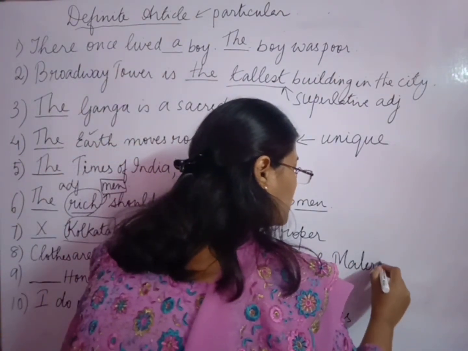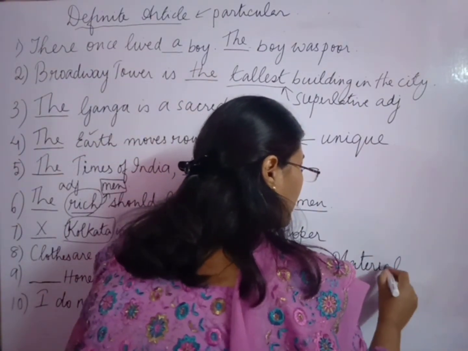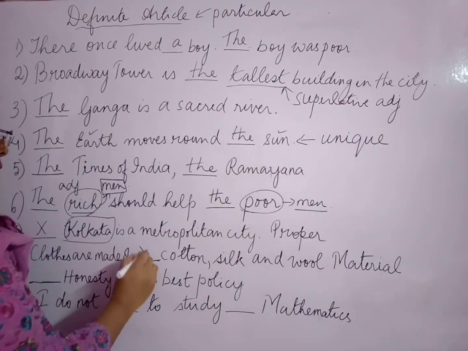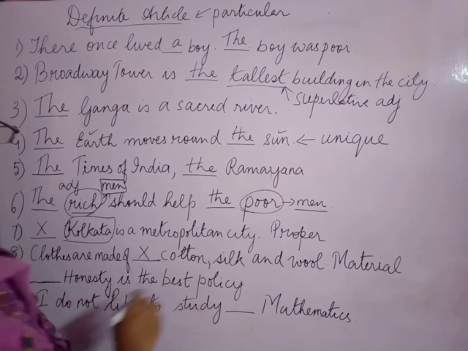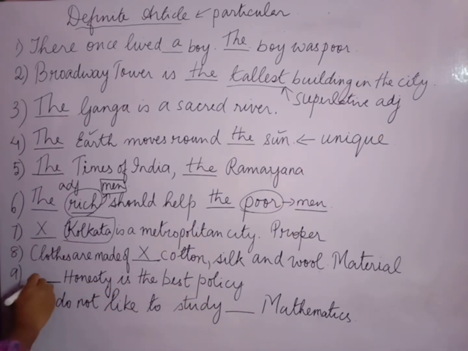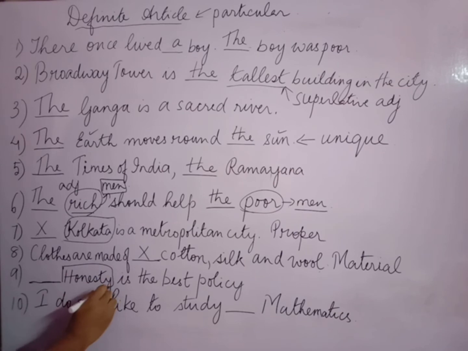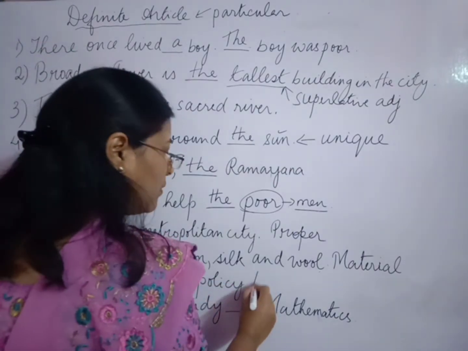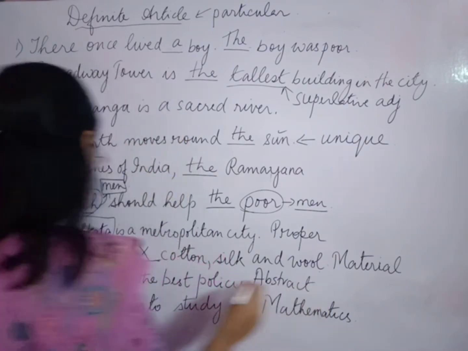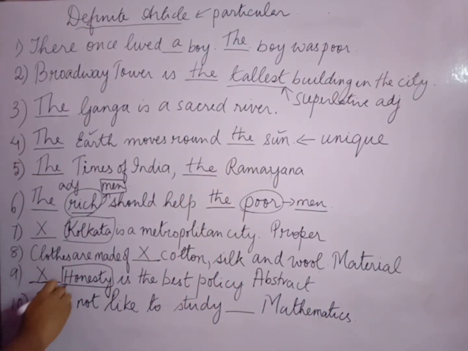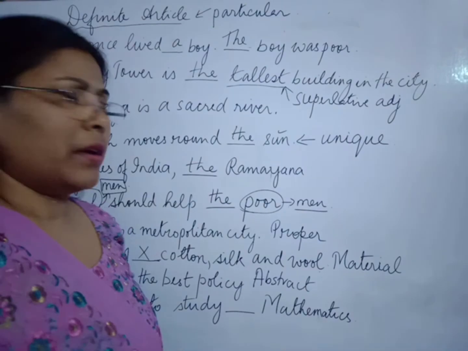So we do not use the article the before any material noun. Example 9. Honesty is the best policy. Honesty here is an abstract noun. So we do not use the before an abstract noun.